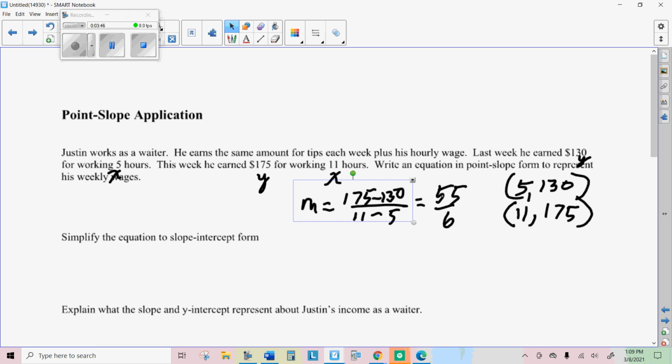Little math error there. This should be 45 divided by 6, which is 7.50, which means he gets 7.50 per hour.